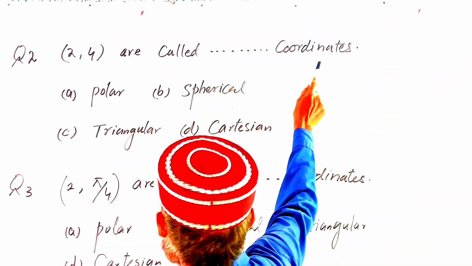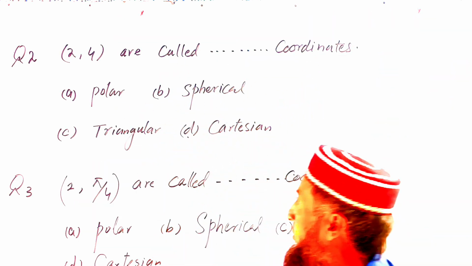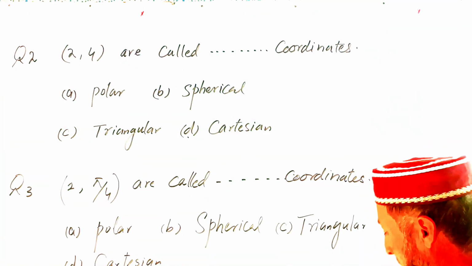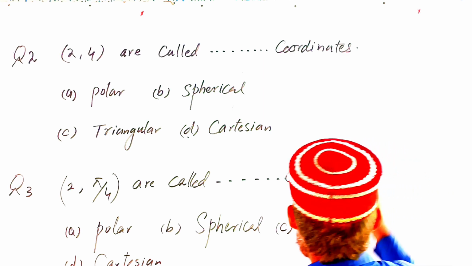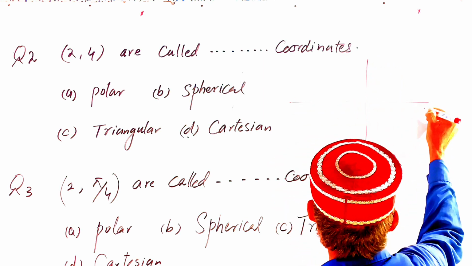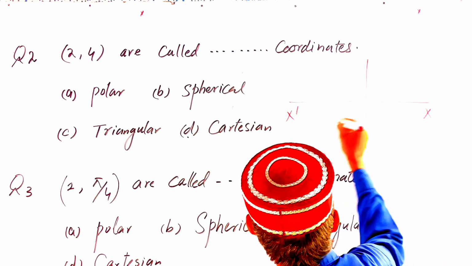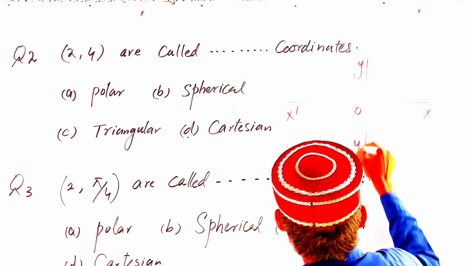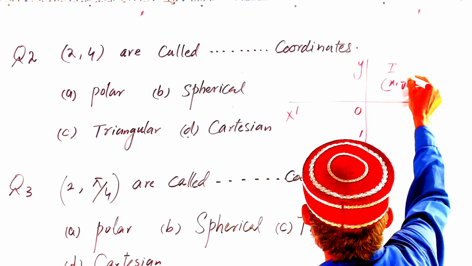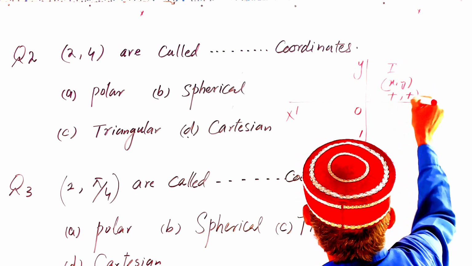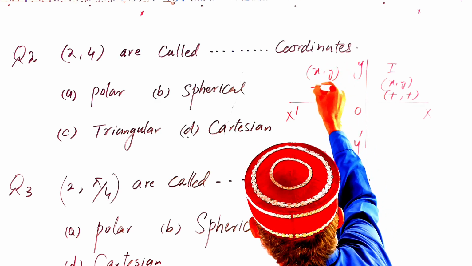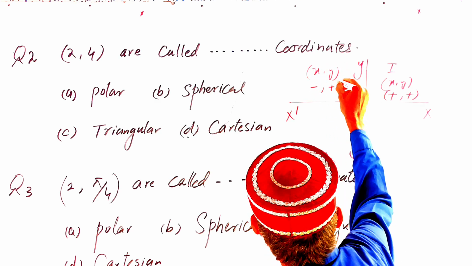These are called the coordinates: polar coordinates, spherical coordinates, triangle coordinates, Cartesian coordinates. So look here, according to the xy plane or Cartesian plane, the coordinates are x and x dash, y and y dash. The first quadrant has x and y both positive, and in the second quadrant x is negative and y is positive.